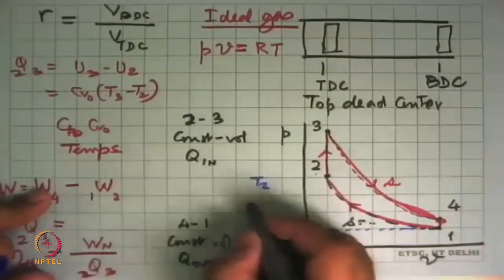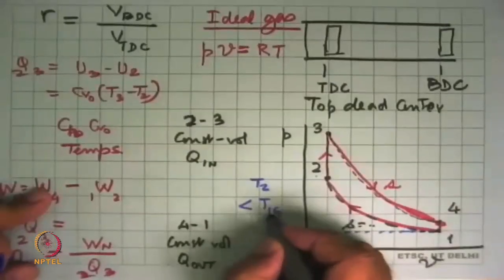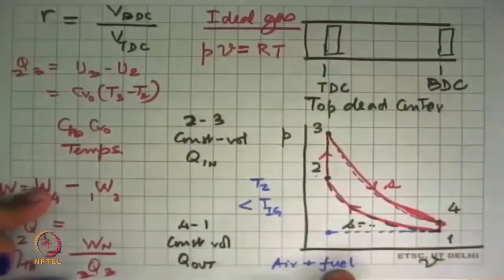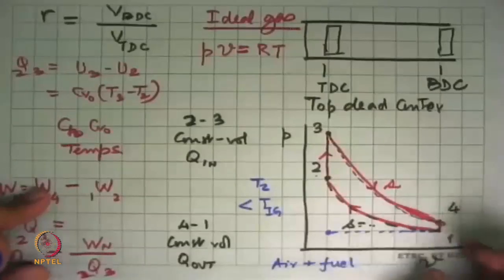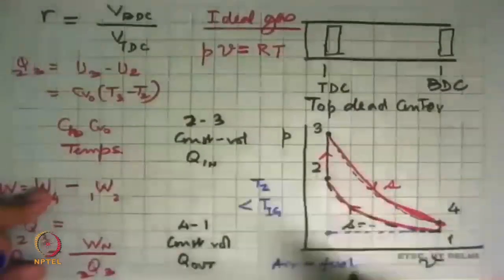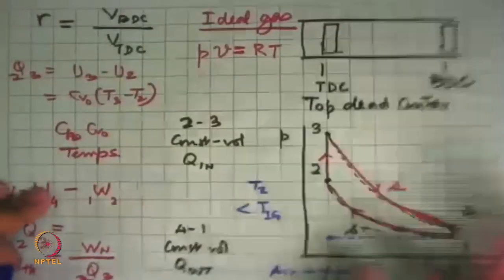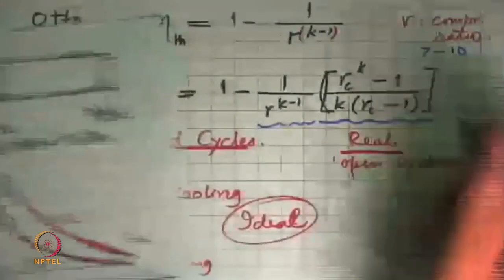And this T2 is less than the auto ignition temperature of this mixture. Otherwise, it can explode by itself and the rest can happen. And for that reason, the pressure ratio here is kept 7, 8, 9 in that type of range.